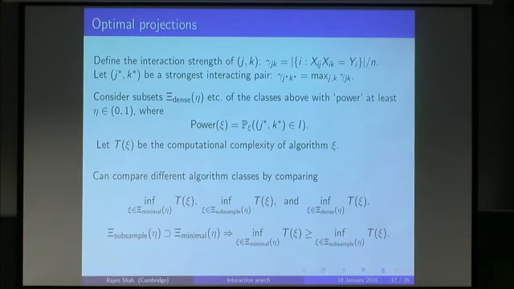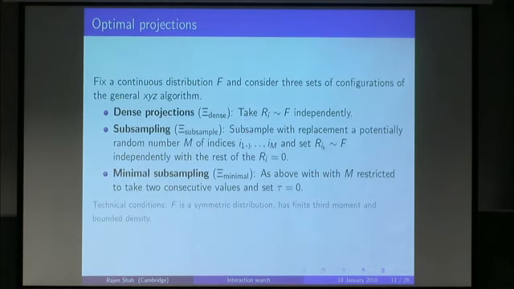Can I just take F to be a mixture between something continuous and something that has a point mass at 0, and then just recast the subsample case as an example of the dense case? If I take F with probability, say, m over... Yes, it's a good point.